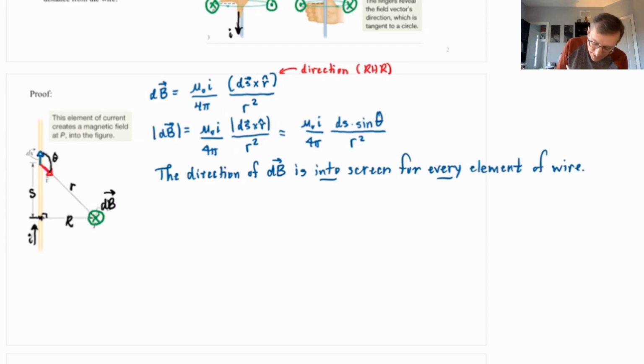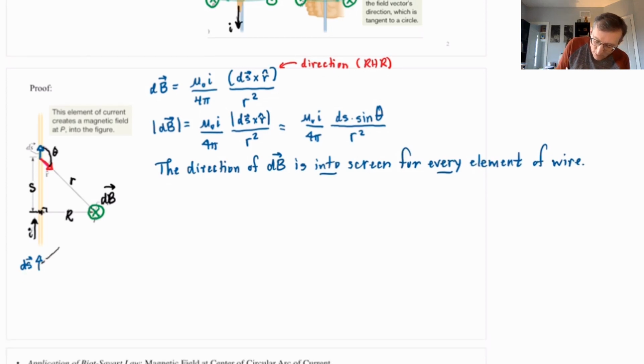What if I had looked at the piece down here? ds. Then let me draw a little dashed line towards point P, because that helps me see the direction of r hat. Now do that cross product, ds cross r hat. Your thumb still points into the screen. For any piece of this wire, you draw the ds and the r hat for that piece, and then do the right-hand rule with the cross product, and you will conclude that the dB always points into the screen. That's good news. That means it's easy to account for the direction of the net B. It's going to be into the screen at point P.